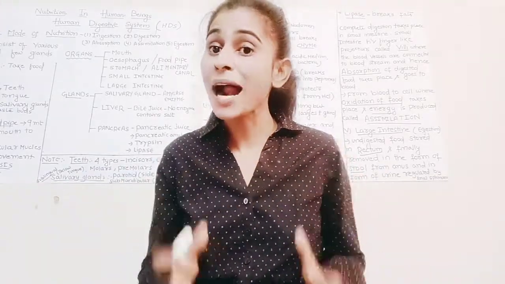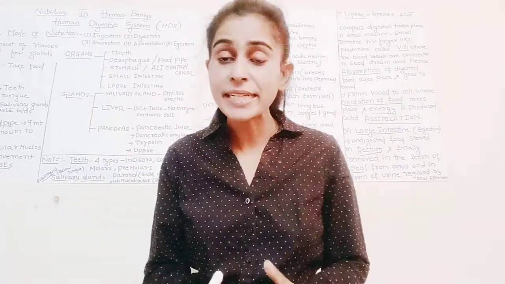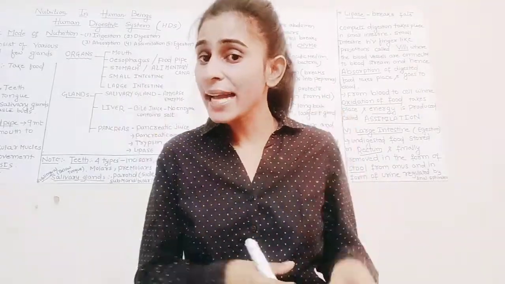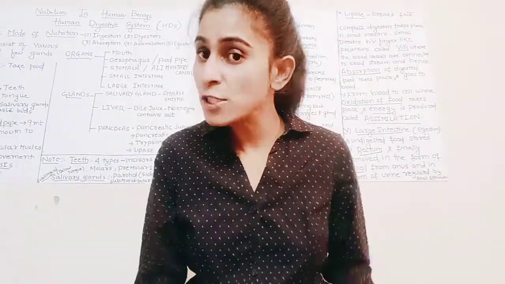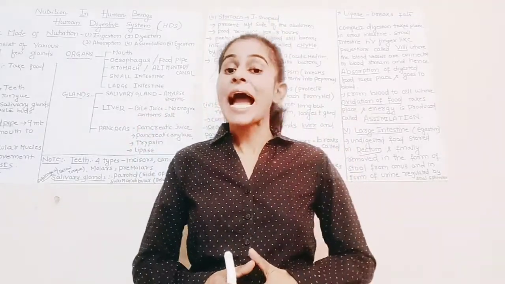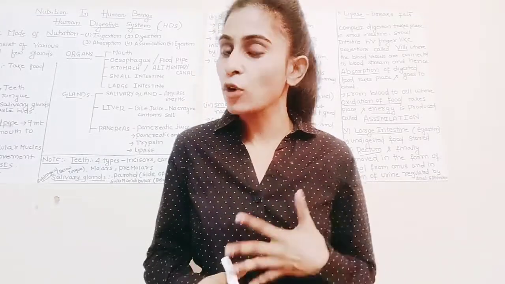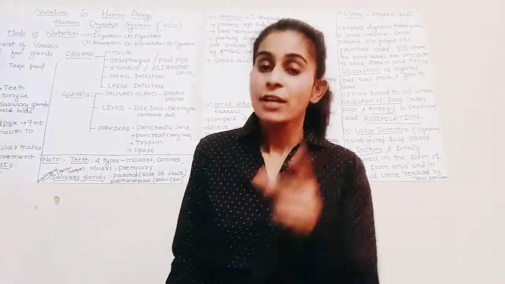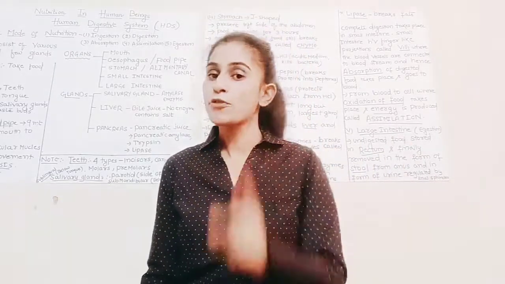After some time these undigested materials are removed from the body in the form of stool. The removal of the stool is controlled by the anal sphincter. By contraction and relaxation, the stool moves out of the body. And finally, we have achieved the process of egestion, the removal of the undigested food materials.